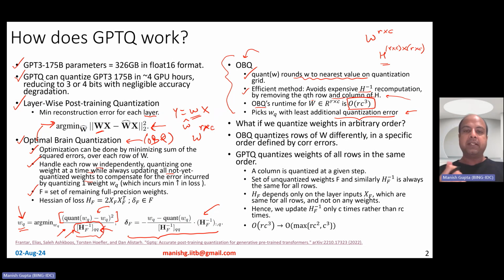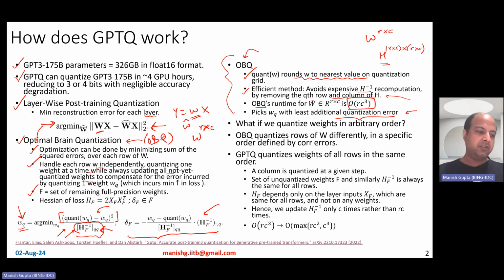Now, can we do better? That is the question the GPTQ folks asked. If I look at any row in the weight matrix, OBQ chooses a particular weight, which can be in any order, that leads to minimum quantization error and minimum increase in the loss. What happens if I quantize weights in arbitrary order?